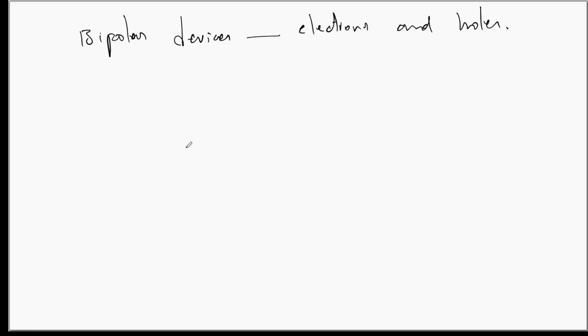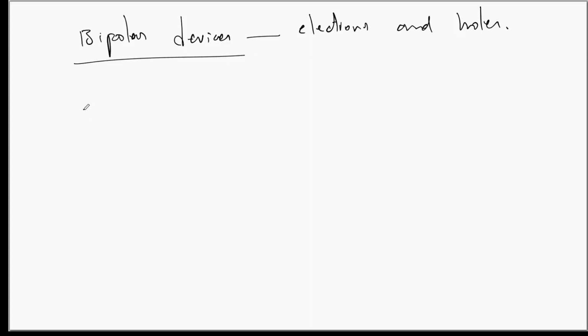The transistors are called bipolar devices because the electrical conduction takes place using both electrons and holes. Both the electrons and holes are involved in the current flow through the NPN and PNP transistors. That is the reason why they are called bipolar devices.